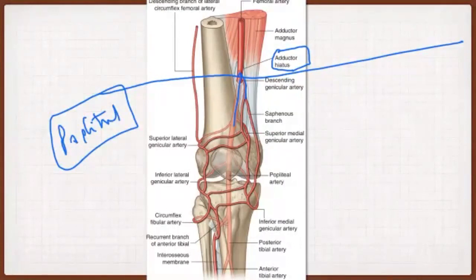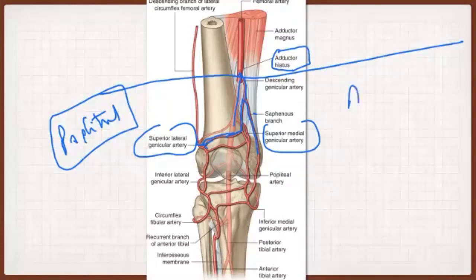So the descending genicular artery supplies the knee by its articular branch and supplies the saphenous branch. That is how it forms anastomosis with the superior lateral genicular artery, around the knee joint, right?